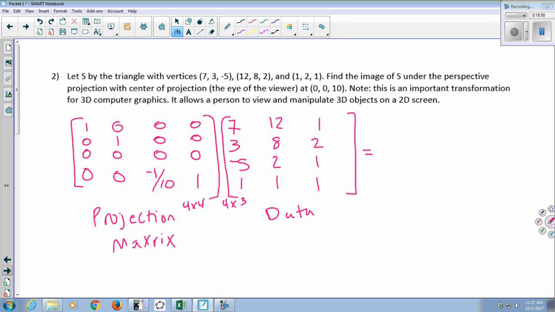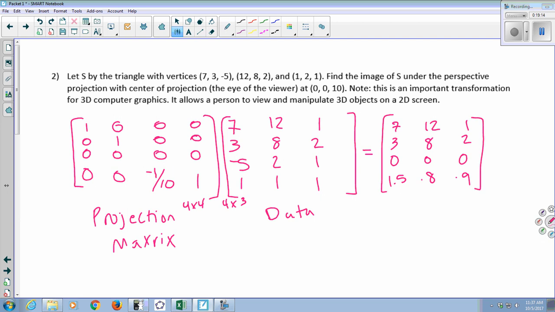Why is my result a 3 by 3? Oh no. Okay, so when I just did this on a calculator, I get 7, 3, 0, 1.5, 12, 8, 0.8, and 1, 2, 0.9.